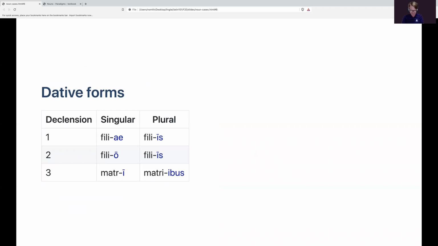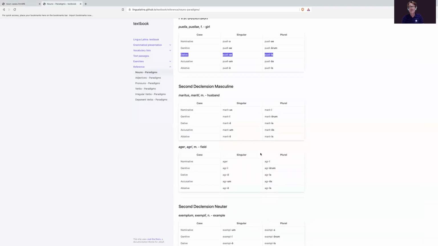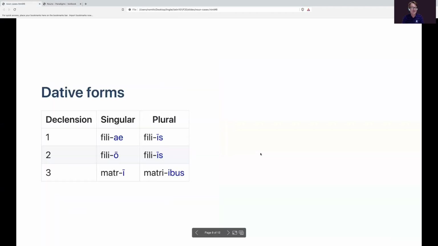Dative forms you can find, of course, in the textbook, full declensions of all different categories of nouns. Just if it helps, notice that in the dative singular, first, second, third declension all have an ending with a long vowel. If that helps you remember, that's fine.